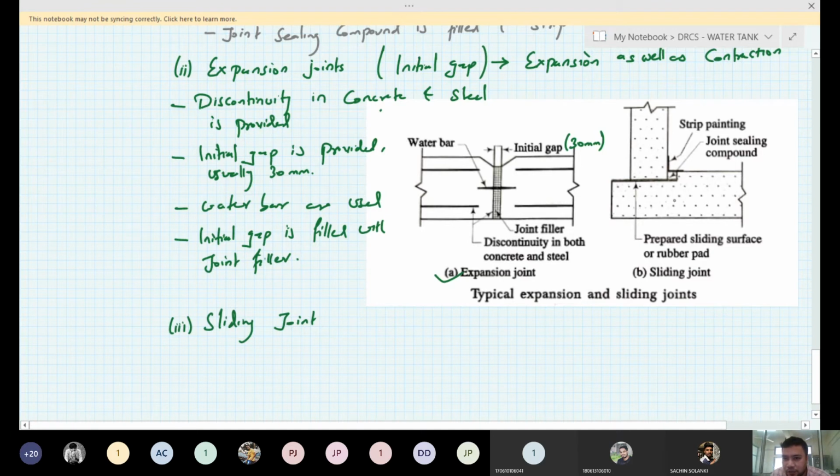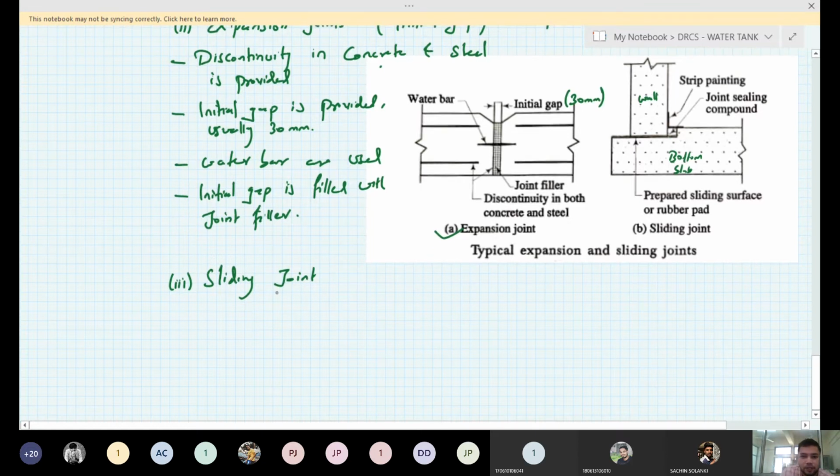This is the bottom raft, or we can say bottom slab, and this is the wall. There is no continuity between the concrete as well as the reinforcement. So here we have discontinuity in the concrete.